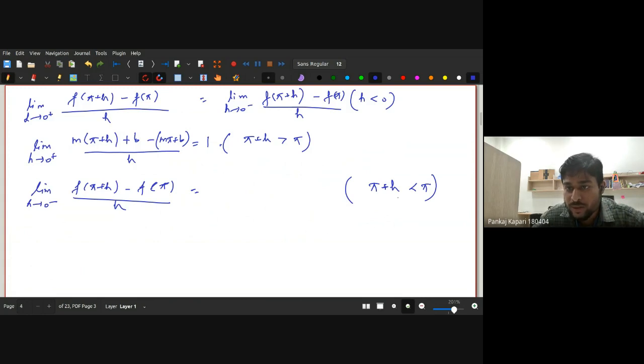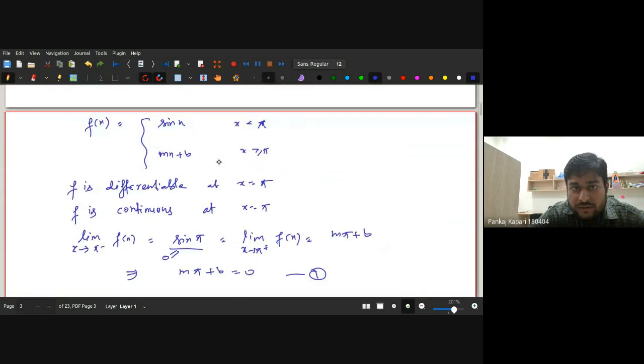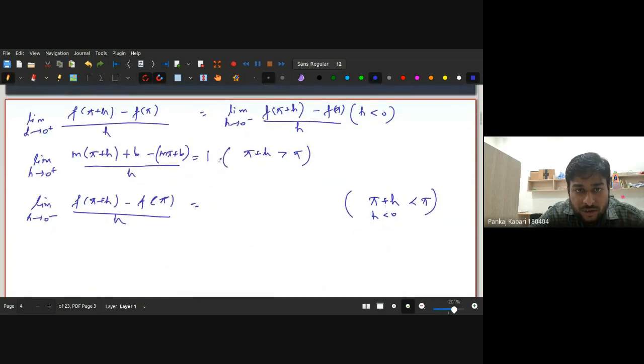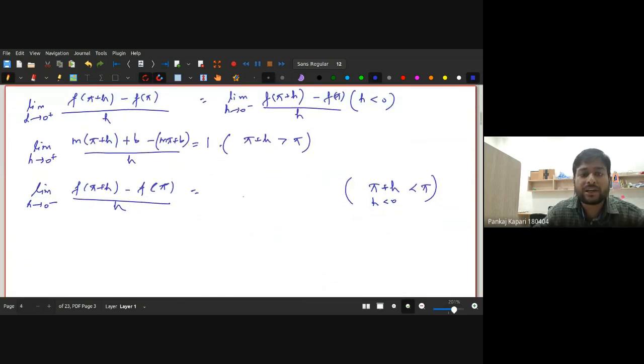Here h is less than 0, and therefore we apply the first definition of the function, which is applicable when x is less than pi, where f is given by the sine function.